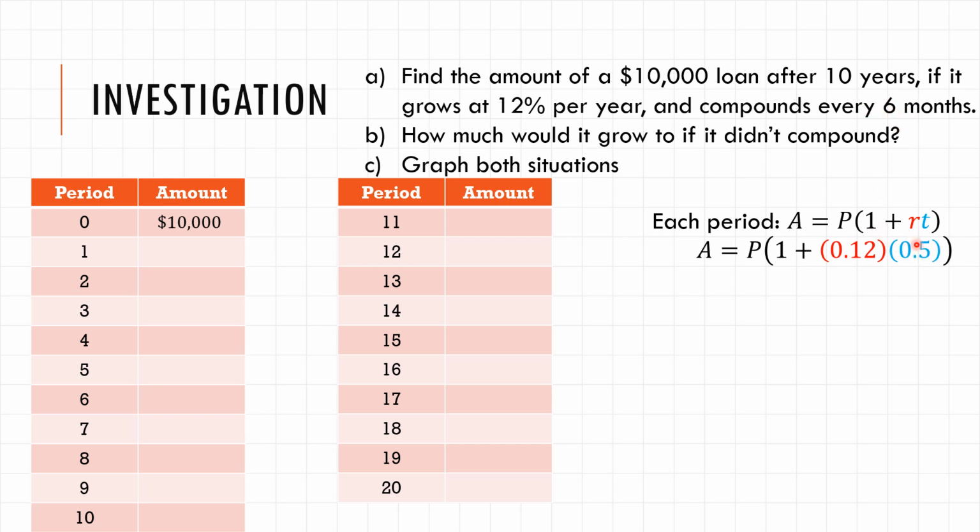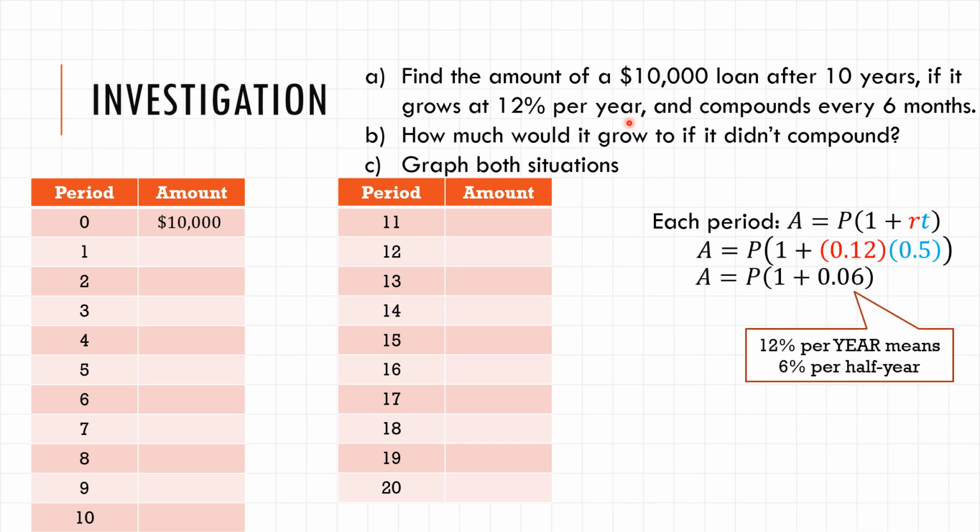Half a year. And so 0.12 times 0.5 is 0.06. We would not get the full 12% growth because we did not wait a full year. Instead, we would only get 6% every half year, every 6 months.